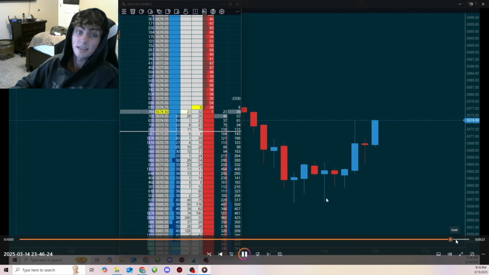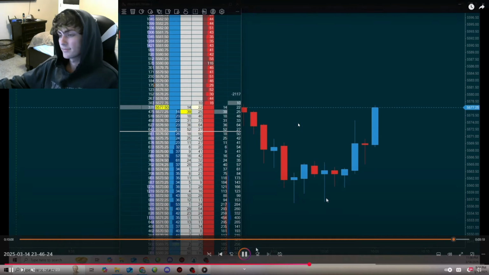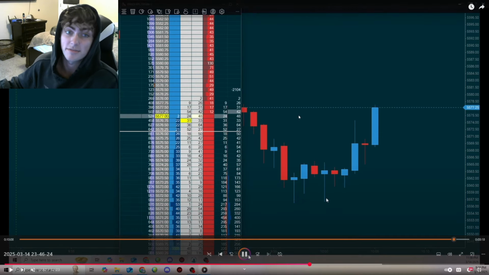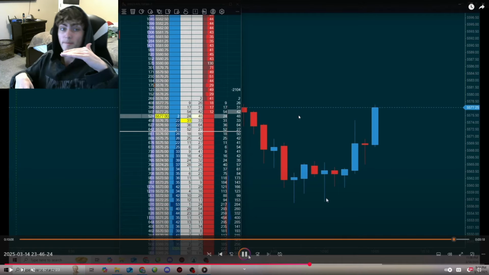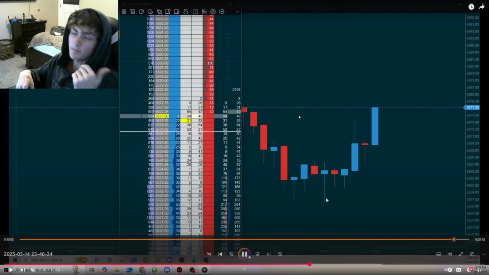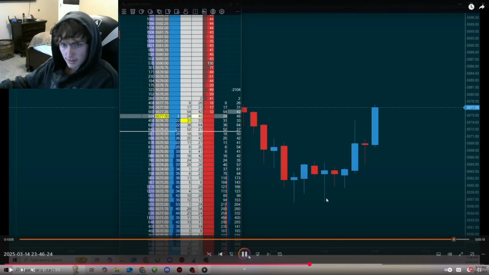Okay, yeah, you see. It's literally taking off. Look at it go. And it was all about 65s because it was support, flipped to resistance, flipped back to support. That whole trade was about 65s, man.